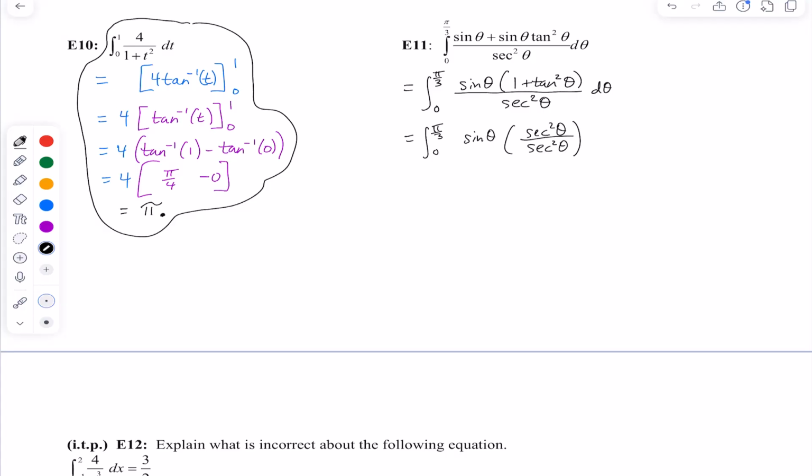Notice we used a very convenient identity, and now we're left to find an antiderivative for the sine of theta. That will be the opposite of cosine of theta, evaluated from 0 to pi over 3.